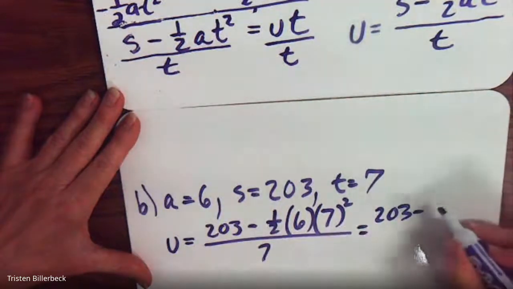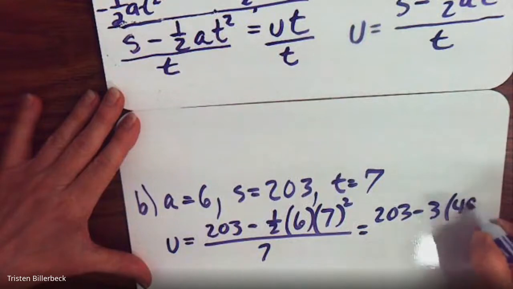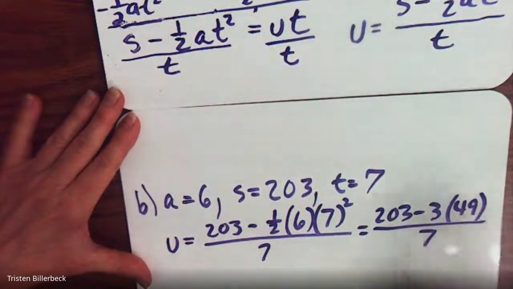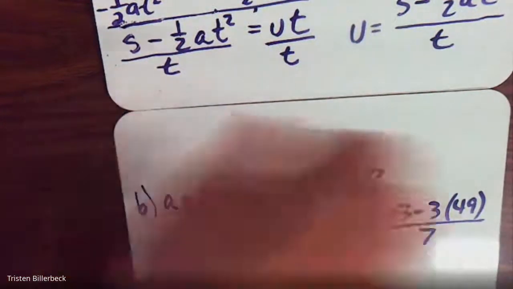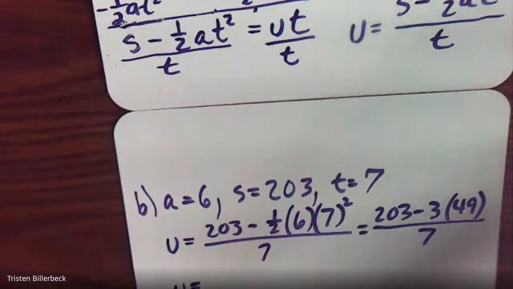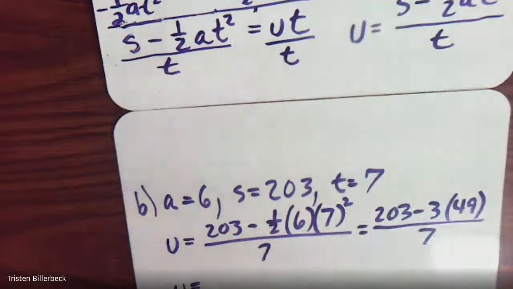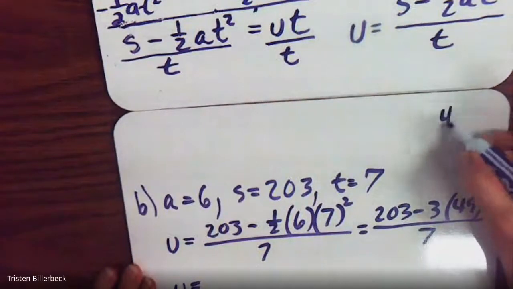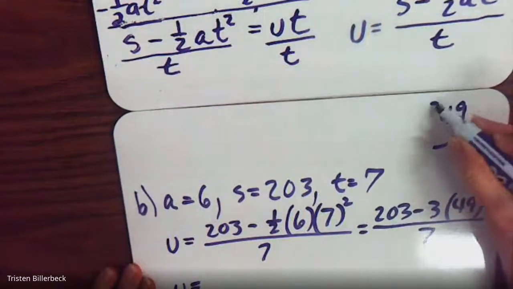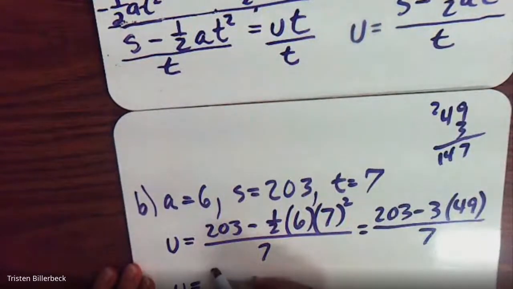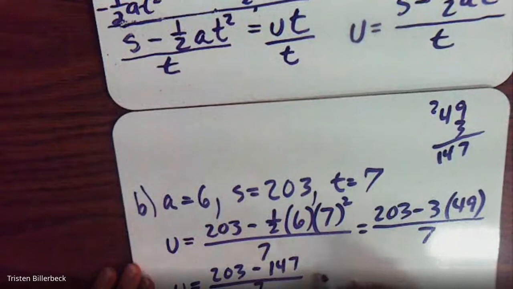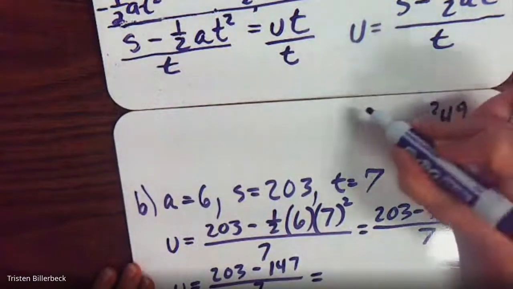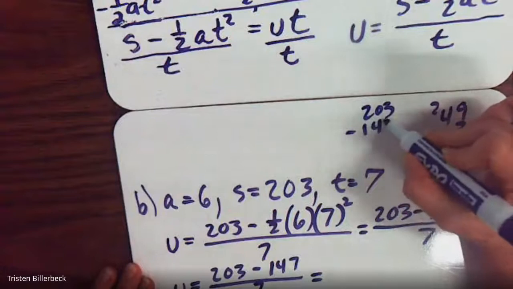So 1/2 of 6 is 3. 7 times 7 is 49. And we have 7 here. So we had U equals, and since we did this already, let's see what it was. 3 times 49 is 147. So 203 minus 147 over 7 equals, and then 203 minus 147.